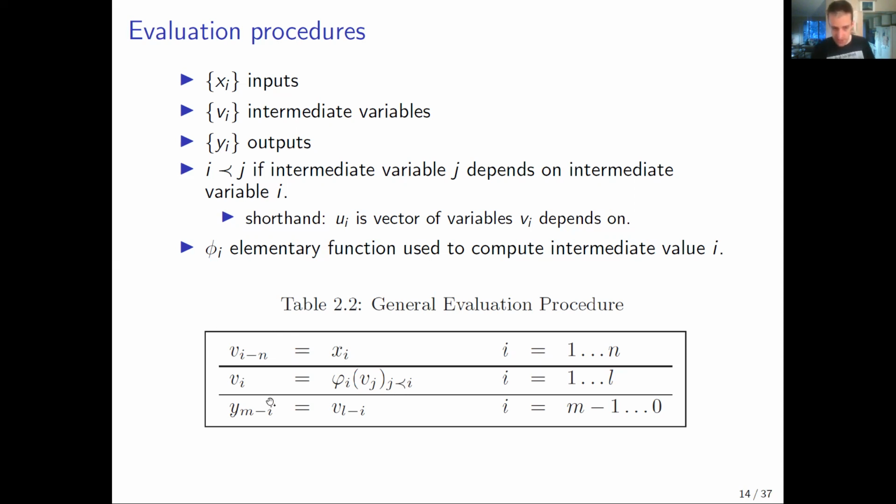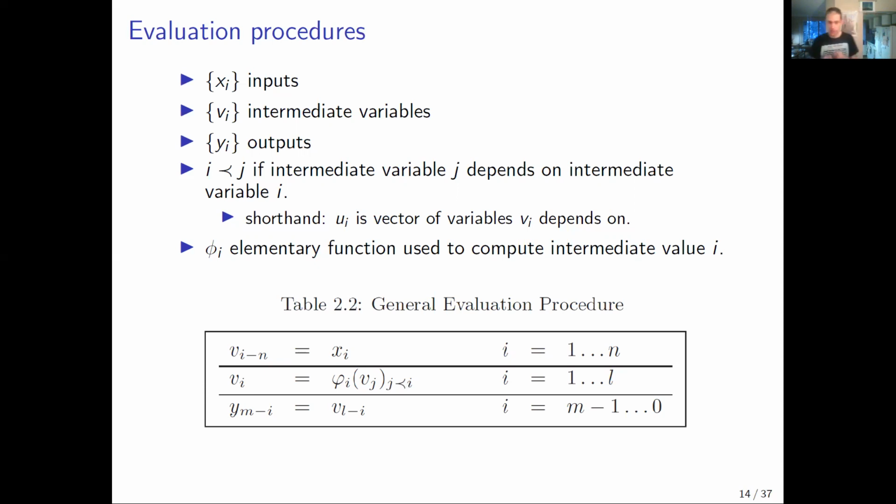In the second stage, you repeatedly compute intermediate variable v_i using the elementary function phi_i. And note that whenever you're computing v_i using phi_i, you're doing so using only those v_j which are j ≺ i, which denotes the fact that you're only using intermediate variables upon which v_i is known to depend.